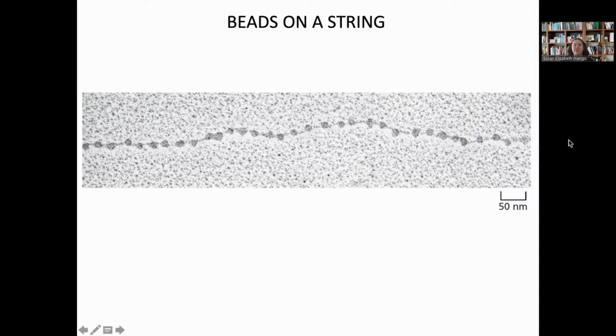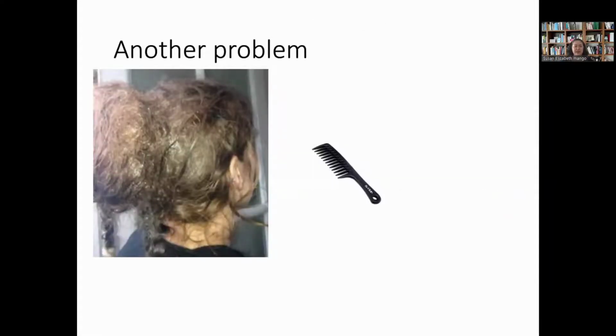But you can't just have what looks like a string of lights packaged willy-nilly, or you'd end up with something like this. It would be completely unusable. So you need things to be organized in the nucleus in such a way that you can really use the DNA.